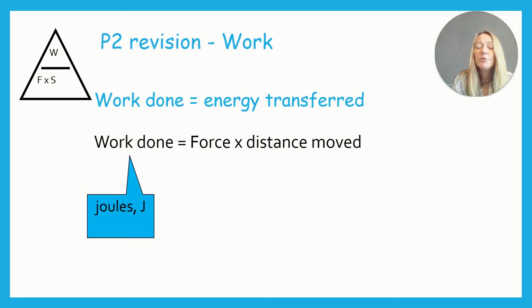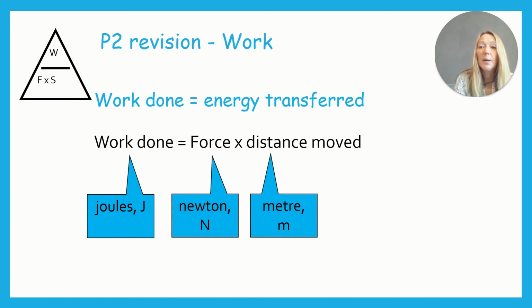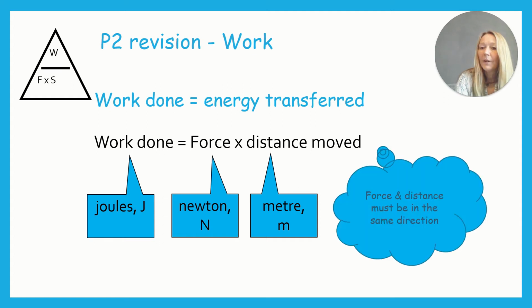And it's important to remember the units. So work done is joules because it's the energy transferred. Force, as always, is measured in newtons. And distance moved is measured in meters. Pause the video now, write down that equation, you're going to need it later. And one important thing to remember here is that the force and the distance must be in the same direction.